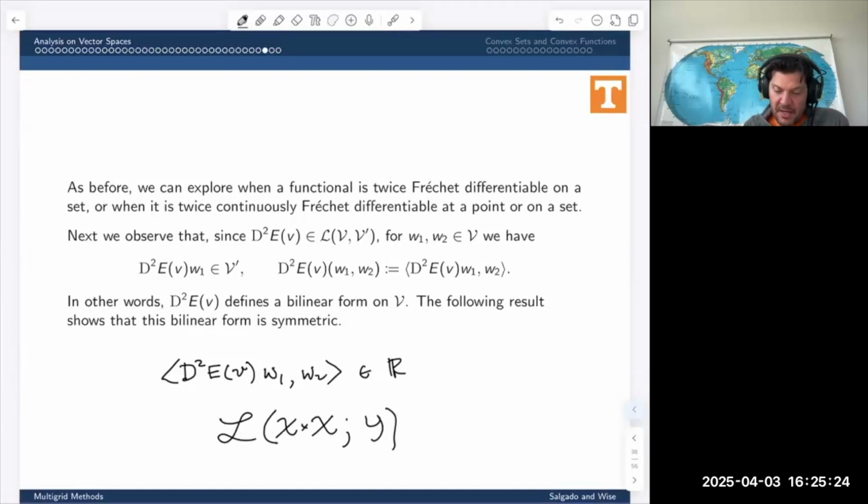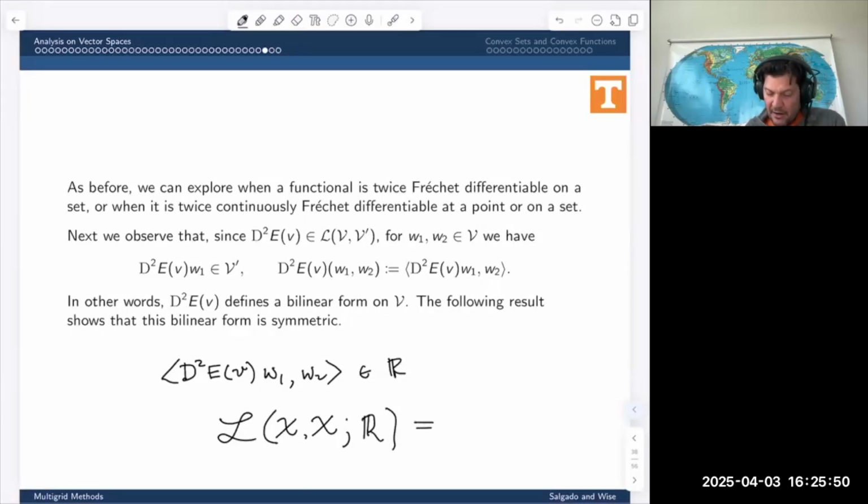So this is the space of what are called bounded bilinear functionals, bounded bilinear operators, I guess. And this is entirely equivalent to, well, actually, in this case, y is going to be the target space, y is R.